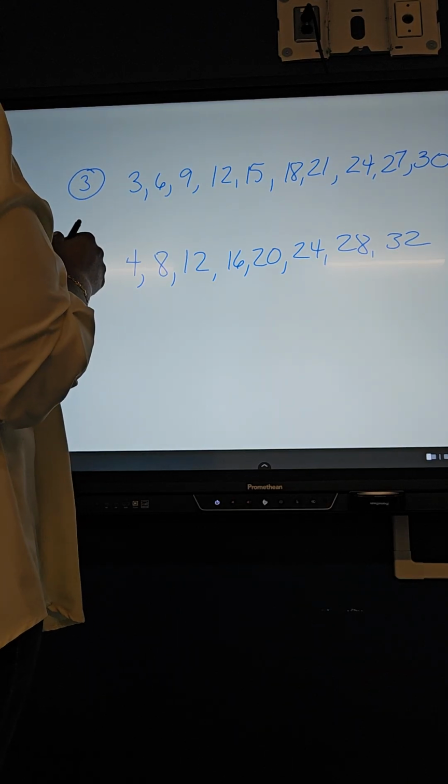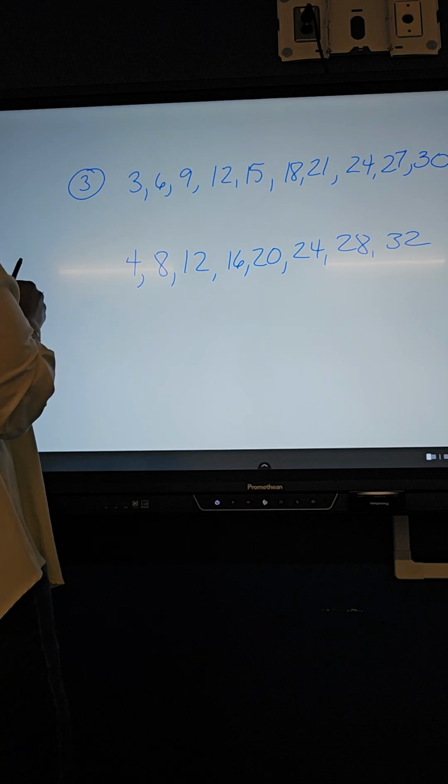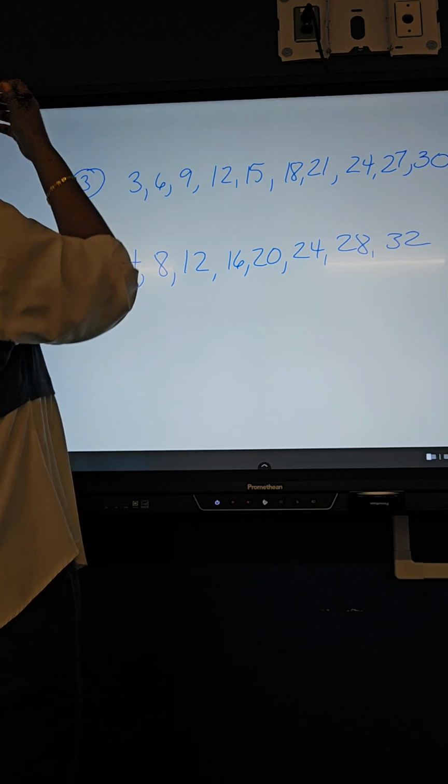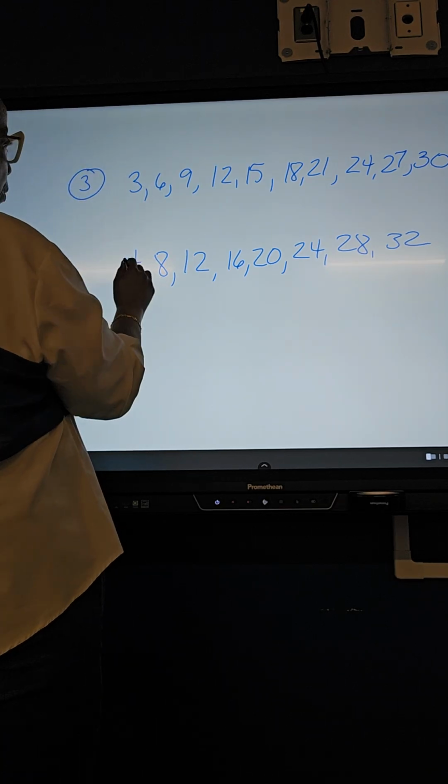All right, now, what are the common multiples? That means, what do they have in common as multiples? Do we have 3 in both groups?